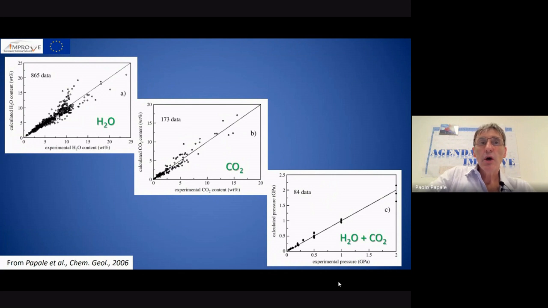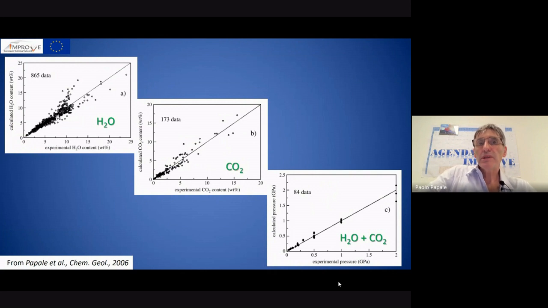In this case, only 9 adjustable quantities determined through regression are enough to reproduce a huge database with wide compositional variability. For carbon dioxide, the diagram in the center, the performance is still satisfactory, but the model parameters are more, and the database is much smaller than for water.